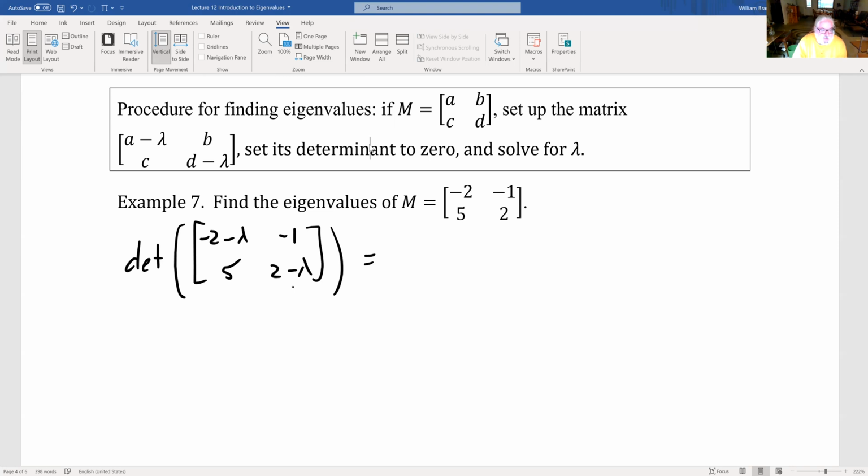And that's -2 minus lambda times 2 minus lambda. So that's these two. And then minus the cross. And that's going to be -5. So that's going to be actually +5.